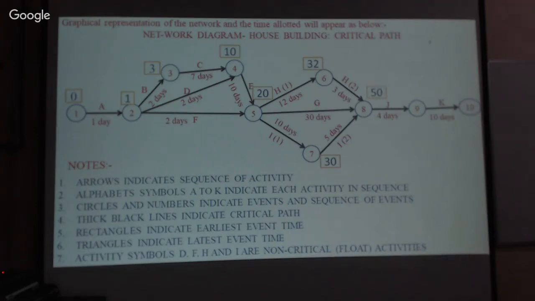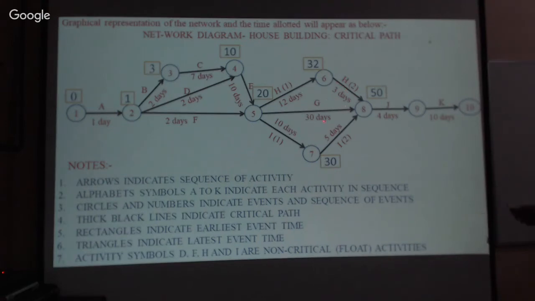See? Yes. Now, if you come through this path, the time required is 32 plus 3, 35 days. If you go through this path, the time required is 20 plus 10, 30 plus 5, 35. Whereas 20 plus 30 is equal to 50, isn't it? Therefore, we have sufficient time to do this activity.